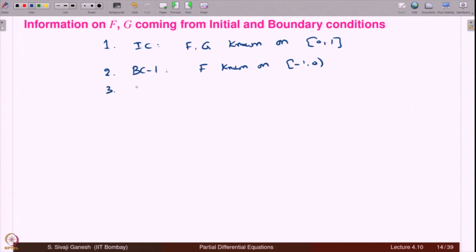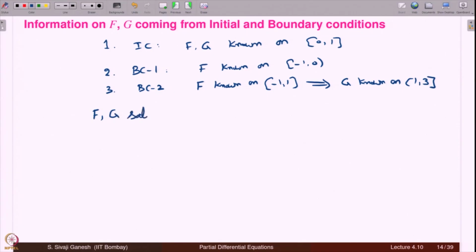Now, the last one, boundary condition 2: f known on minus 1 comma 1 implied that g is known on 1 comma 3, and importantly f and g satisfy some relations.